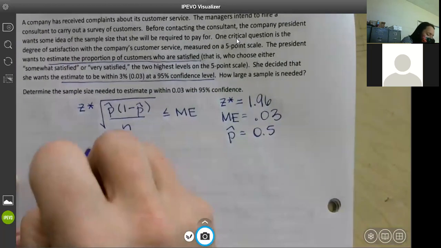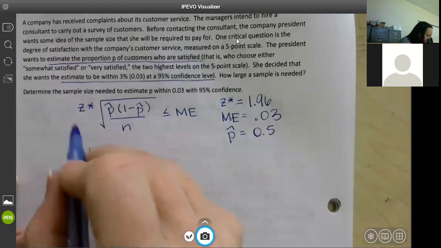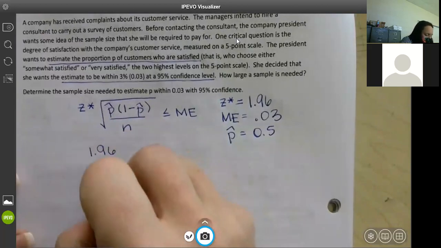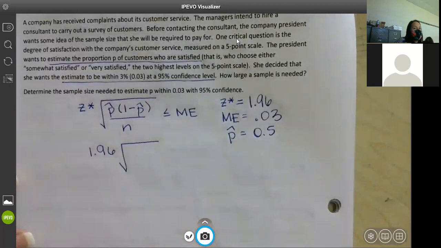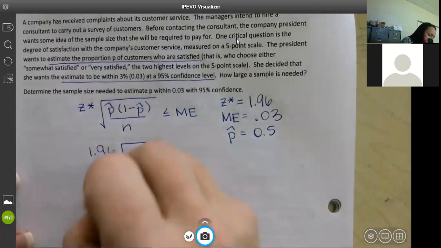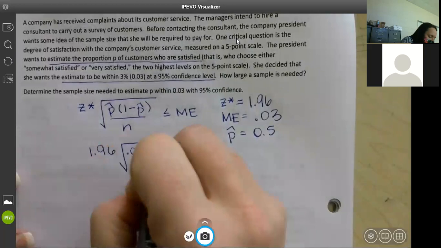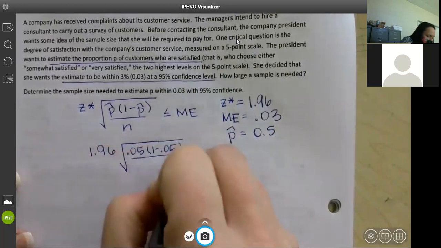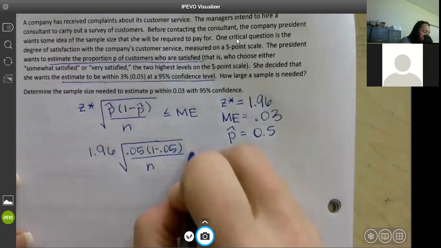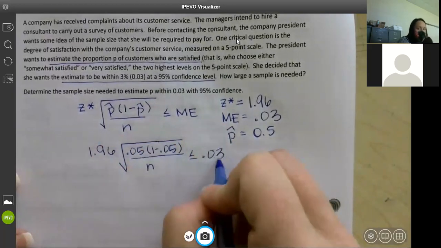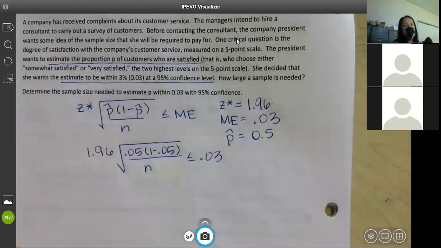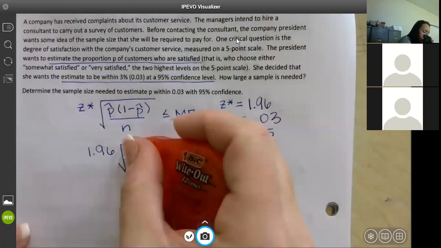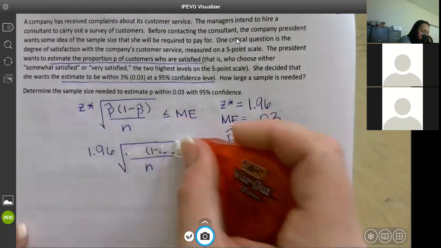Okay. 1.96 times the square root of 0.5, 1 minus 0.5 over n, less than 0.03. Wait. Is it 0.5 or 0.05? Sorry, you are correct. 0.5. Thank you.